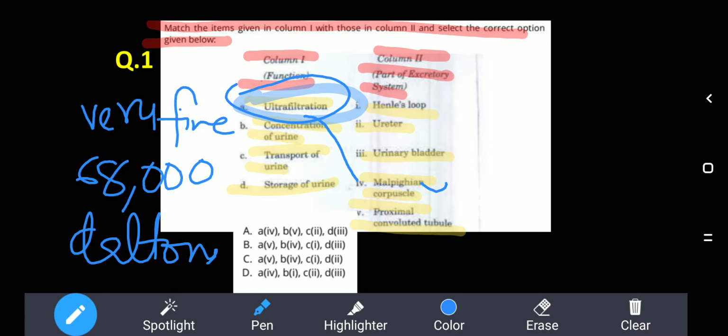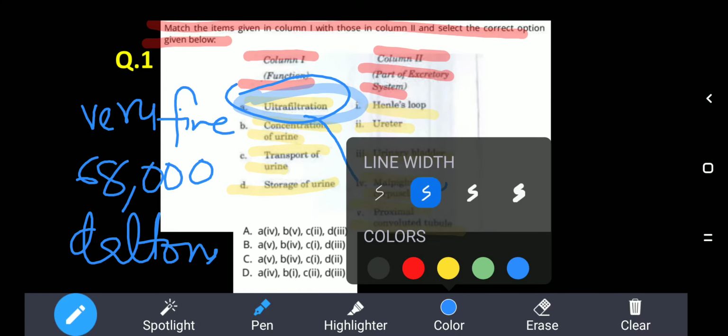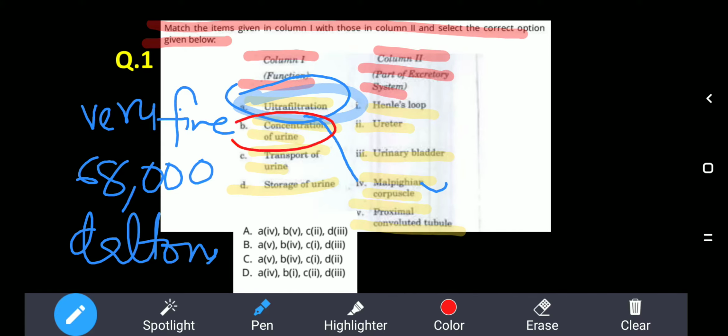The next one, concentration of urine. Anything that is concentrated has less water in it. Concentrated means less water, diluted means more water. So if your urine is concentrated, that means it has more solute in it than the solvent, which is nothing but water. Concentration of urine refers to water absorption from the glomerular filtrate.